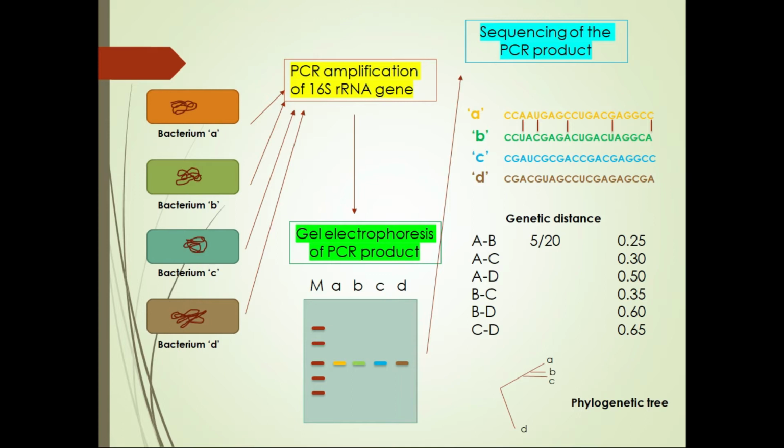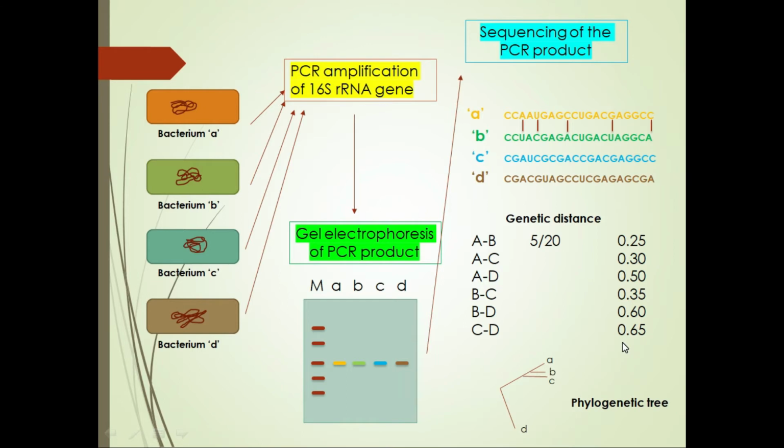A and D, the distance is 0.5. Between B and C, it is 0.35. So we are comparing the sequences in all possible combinations: A and B, A and C, A and D, B and C, B and D, C and D.